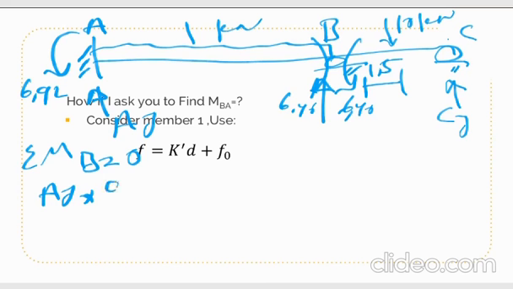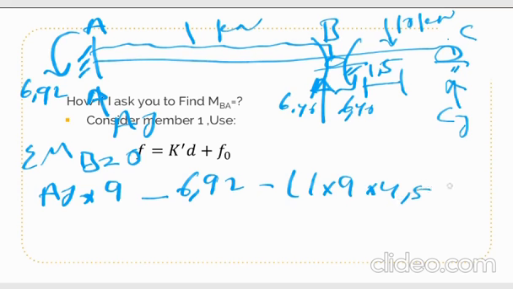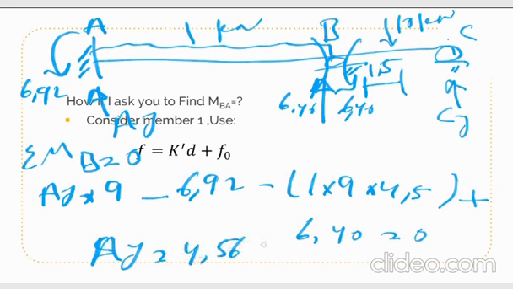Ay times 9 minus 6.92 minus 1 times 9 times 4.5, this is from the distributed load, plus 6.40 equals 0. Then Ay equals 4.56 kilonewton.